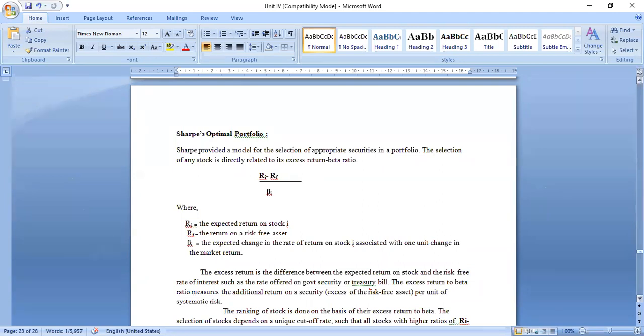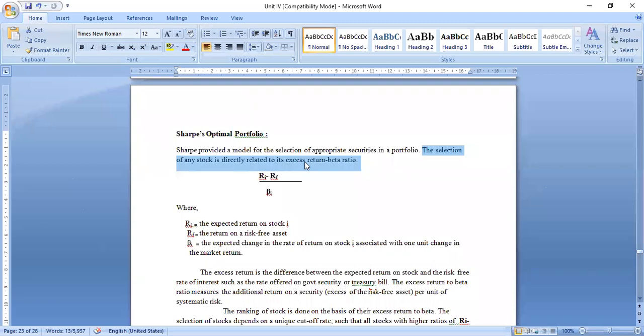So that is the concept behind Sharpe's optimal portfolio, where the key word is the selection of appropriate securities in a portfolio. And this selection of any stock is directly related to the keyword called excess return to beta ratio.